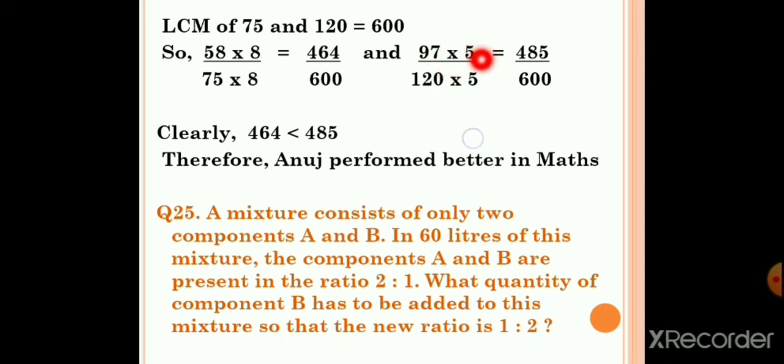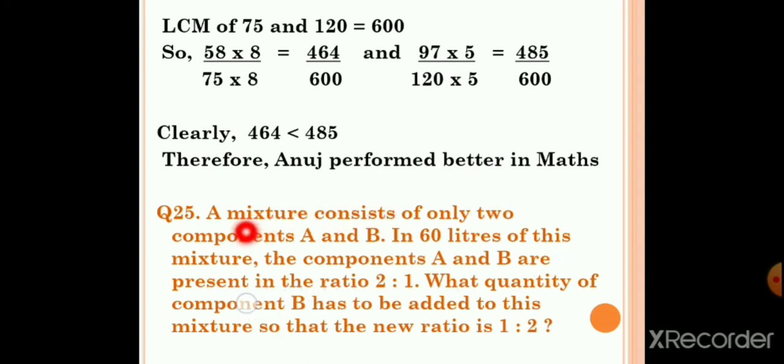So 97 into 5 and 120 into 5 will give us 485 by 600. Now clearly we can see that 485 is greater than 464. Therefore we can tell that Anuj has performed better in mathematics.